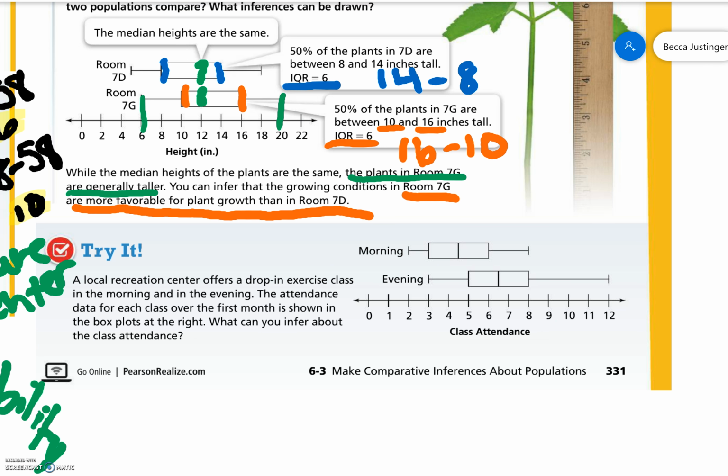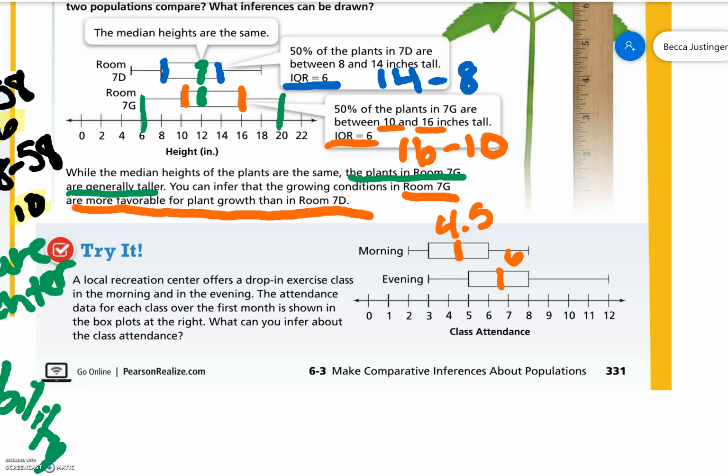Try it. A local recreation center offers a drop-in exercise class in the morning and the evening. The attendance data for each class over the first month is shown in the box plot at the right. What can you infer about class attendance? Well, on the morning, it looks like we get 4.5 people.